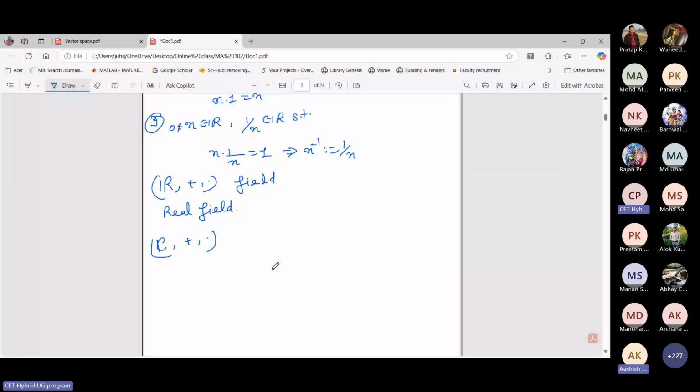So it is your homework. Please verify whether this is a field or not. If you find yes, this is a field, then this field will be called the complex field.